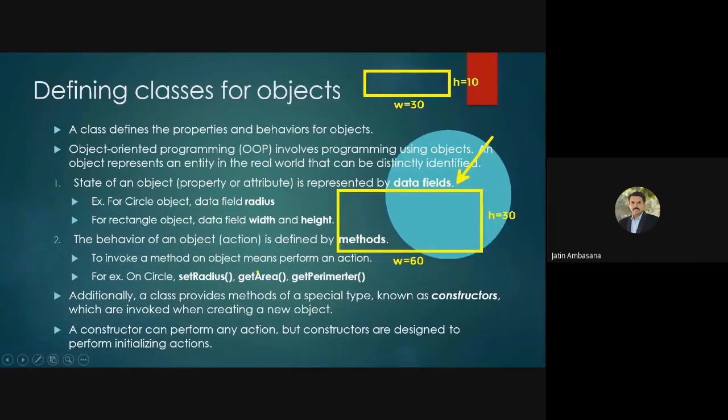See, by making a circle object, you don't create a circle diagram. By making a rectangle object, you are not creating a rectangle diagram. This is for your visualization that I am drawing here. You have to visualize the objects. I would recommend that if you want to learn Java easily, then start visualizing the objects.